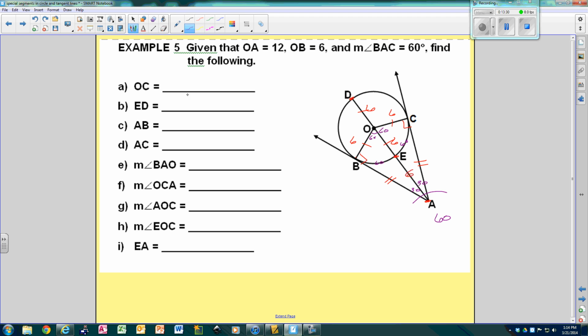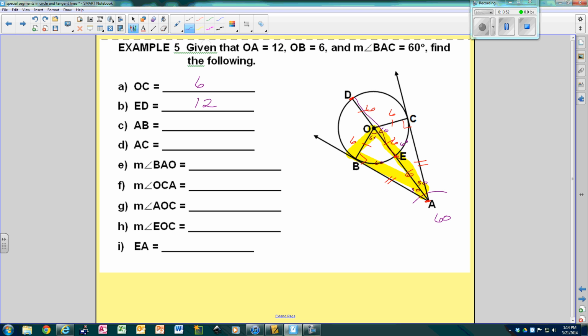All right, so now OC. OC is 6. ED is the diameter, goes through here, so that would be 12. AB, oh, that's this side here. I haven't found that side yet. So let's look. I've got this triangle where that's 12, that's 6, and I need that.